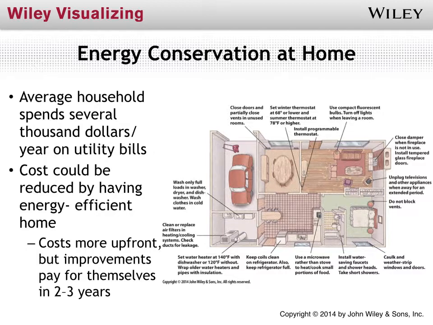But even cheaper things we can do: turning lights off when we're not using them, setting the thermostat lower in the winter and higher in the summer. Using a programmable thermostat that automatically turns the thermostat way down if nobody's home in the winter time, or turns it up much higher if you're gone in the summertime.